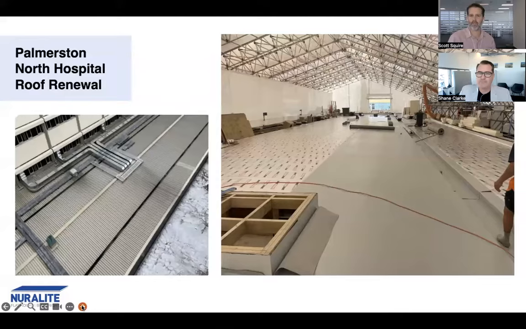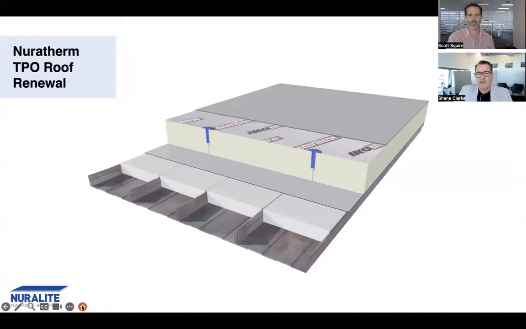And in terms of not needing a cover board, it's an additional cost to cover board. There's quite a bit of labour. Obviously, there's weight that gets introduced, that can potentially lead to the existing structure needing to be strengthened. So this is a really good example of a successful roof overlay with a warm roof.